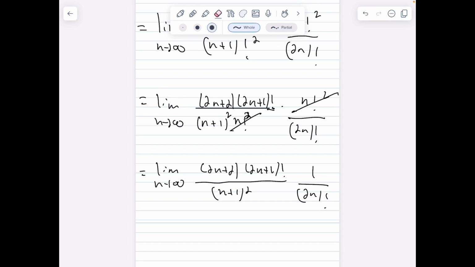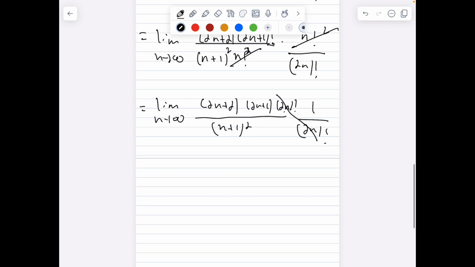That 2n plus 1 factorial, we can rewrite as 2n plus 1 times 2n factorial, just to cancel. And there's one more thing you could do with factoring a 2 out of the expression 2n plus 2, but I think that's enough with the algebra.